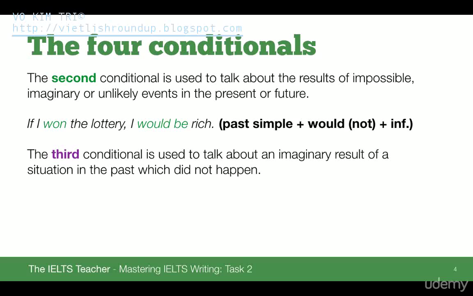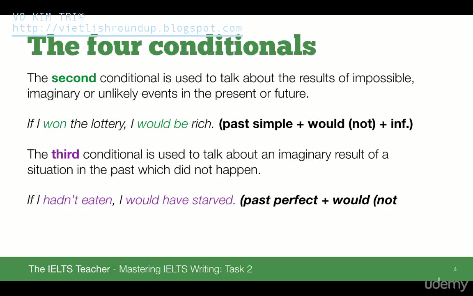Finally, we can look at the third conditional, which is used to talk about imaginary results of situations in the past which didn't happen. So, this is the conditional where we are looking at the past rather than the present or future. This one has the most complex grammar, as you're about to see. If I hadn't eaten, I would have starved.